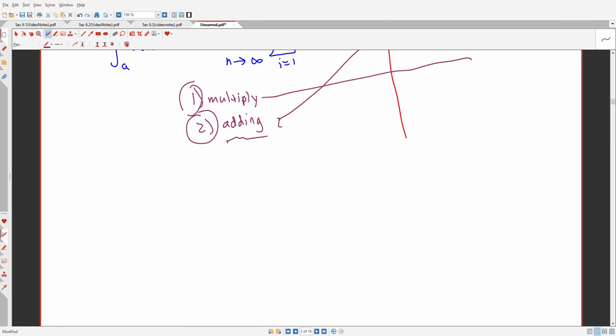So when you take this view from like 50,000 feet above, of course, integrals and derivatives are opposite.